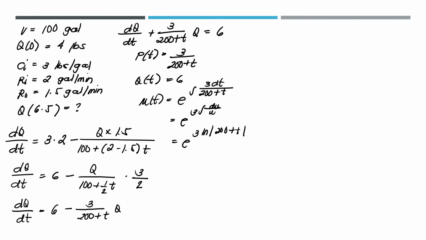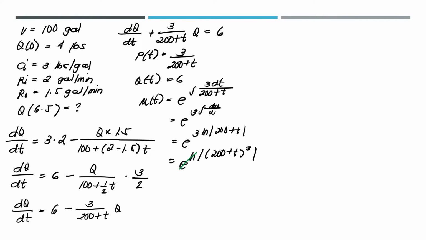So since we cannot simplify this with 3 in the leading side of the natural logarithm function, we can just make this an exponent of 200 plus t. So we have e raised to the natural logarithm of 200 plus t cube. Okay, then cancel na si e raised to ln. Diba?